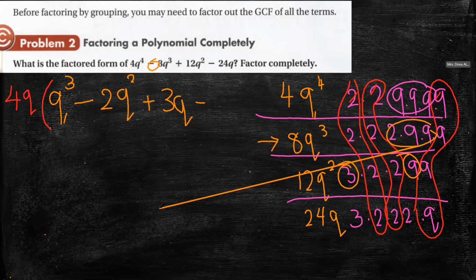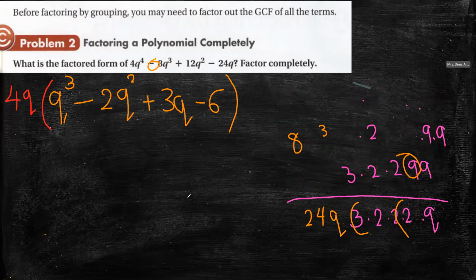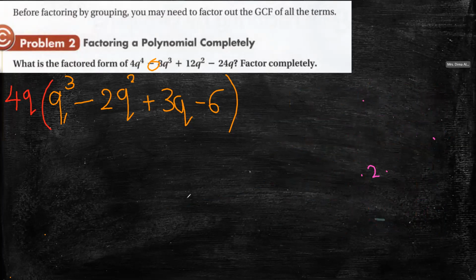Minus. If you remove 4 and the q, you will have 6. So this is now the first step. As I told you before, for factoring by grouping, you have to write the factors of each monomial, find the greatest common factor and write it here. Then after we finish, we have q cubic minus 2q squared plus 3q minus 6.